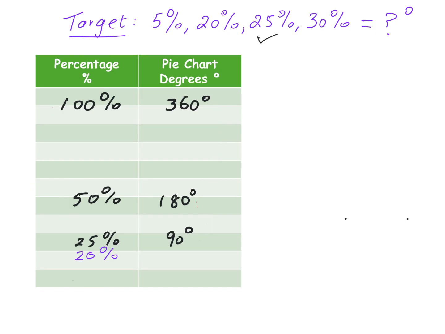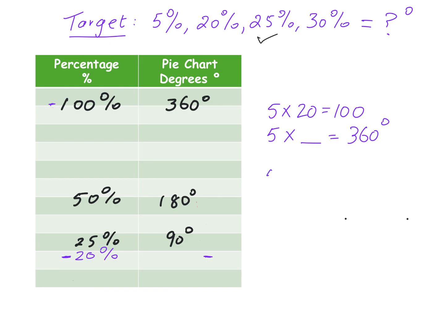Now, how can we get to our 20%? So we've got 20 to 100. So 5 20s is 100. Let's document this. 5 times 20 equals 100. So that means for our degrees, we're going to have 5 times something equals 360 degrees.